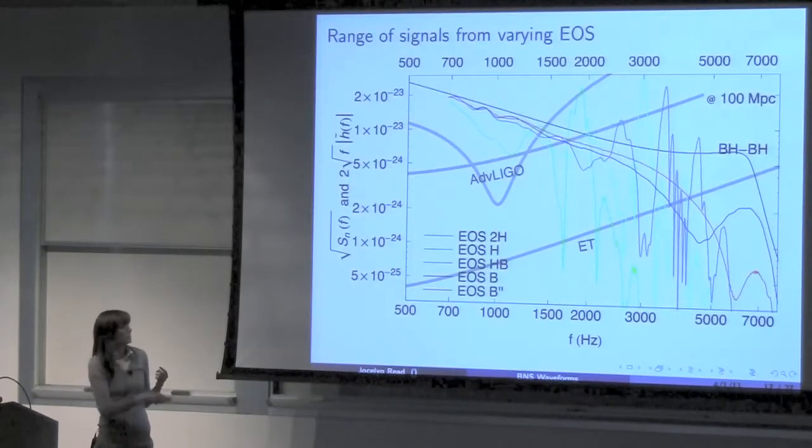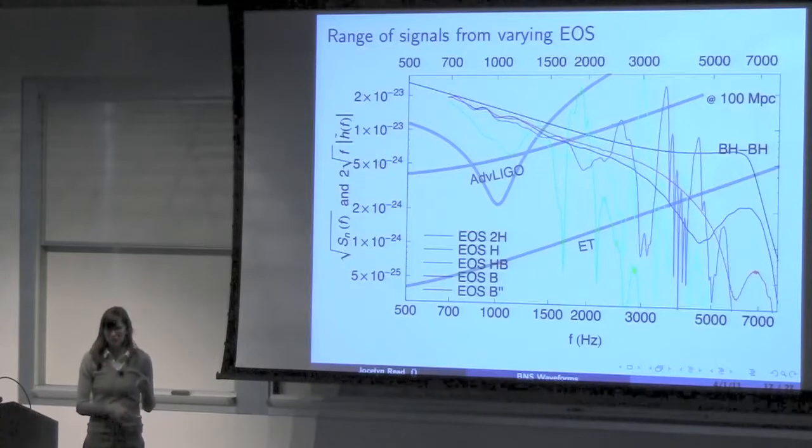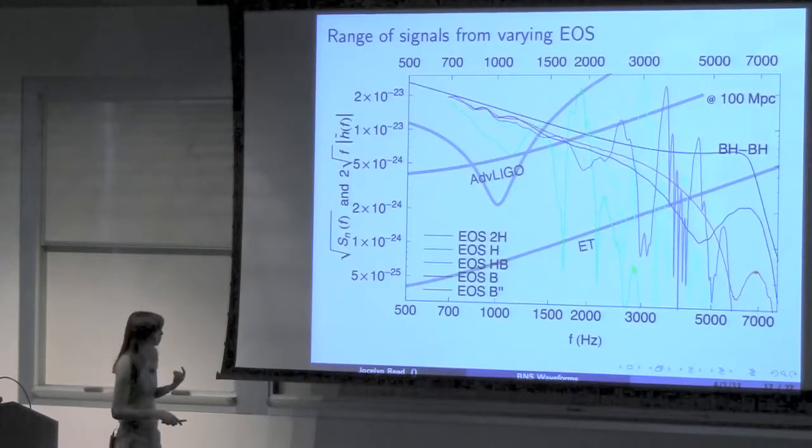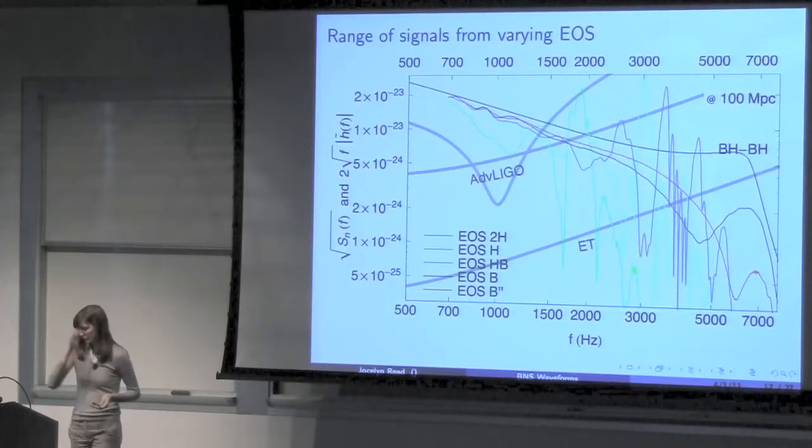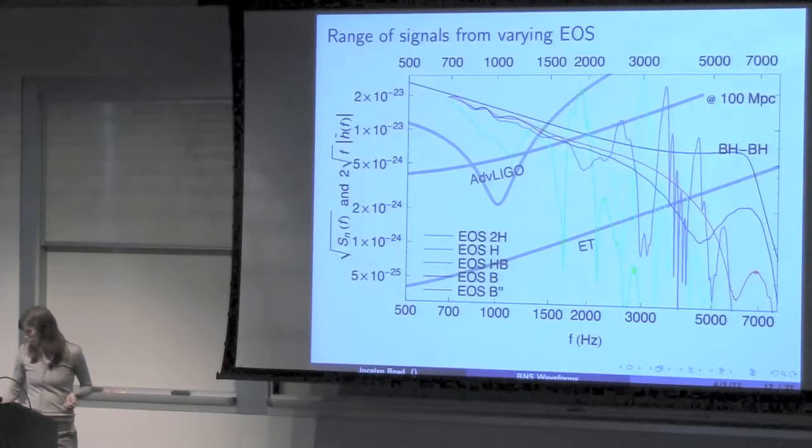So the height of these peaks is not something you should take as physically meaningful, but the location of them seems to be pretty robust within most of the things we have looked at.